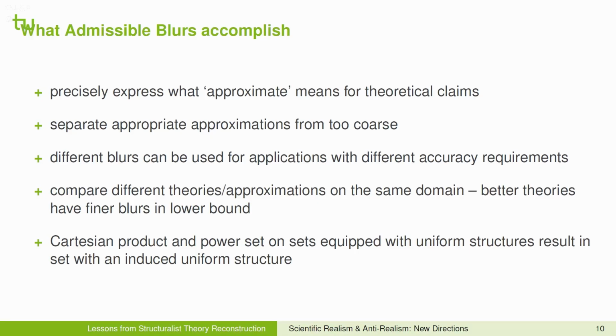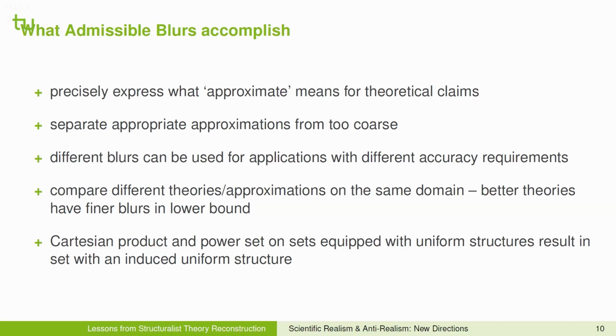And in the last formal advantage, since all our theoretical terms in the structural view are composed by Cartesian products and power sets on our base sets, we can also induce a uniform structure from our base terms on the other ones, because a Cartesian product on a uniform space gives us a new uniform space, and the same with the power set.